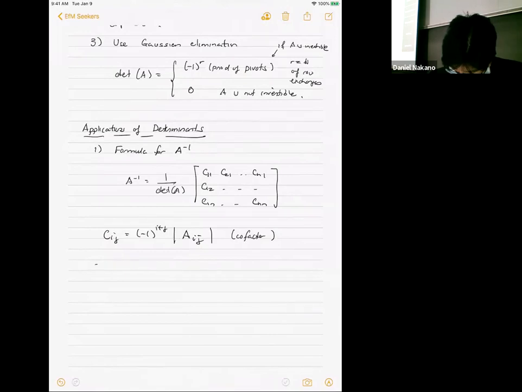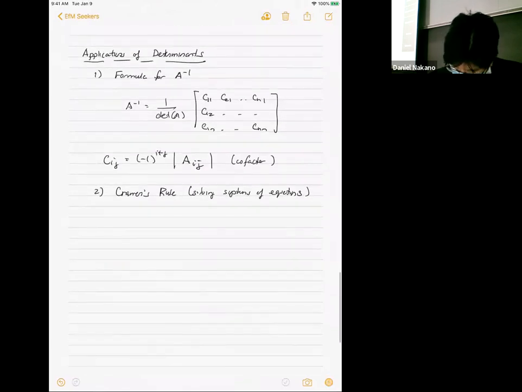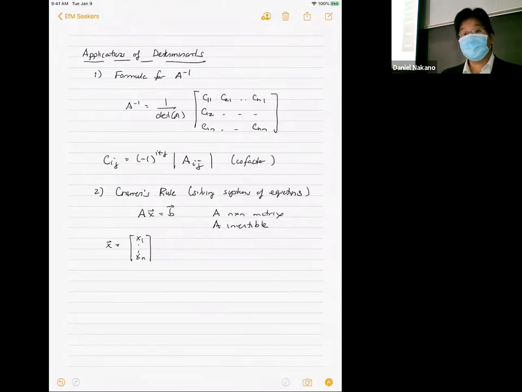And then the second thing you should probably review is Cramer's rule. This involves solving systems of equations. Basically it says the following. If you take AX equals B, where A is an n by n matrix, and let's say A is invertible, then there's only going to be one solution because of invertibility.